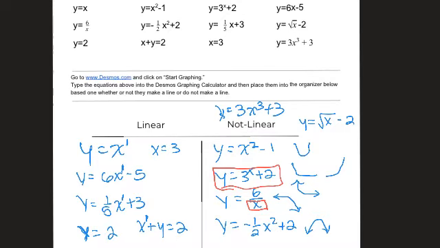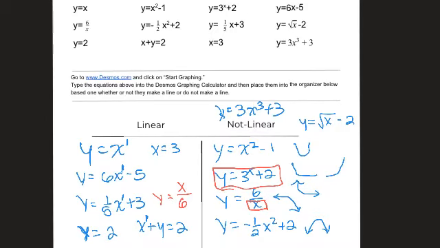But just like with undefined, when an x is in the denominator, it's a problem. So you can have y equals x over 6, and that's linear. But as soon as the x is in the denominator, that's a no-no, just like undefined.